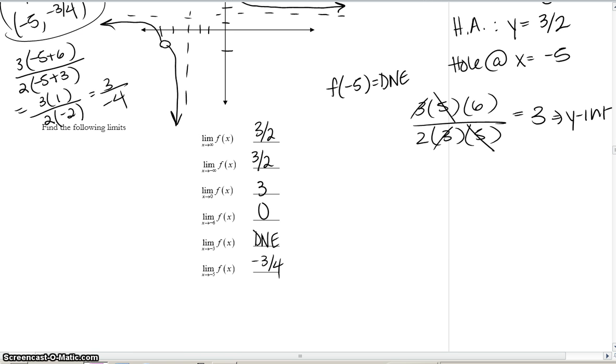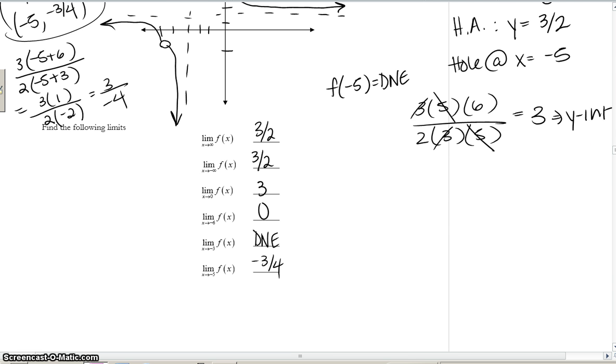Okay, so this is what you should have gotten as your limits. Check over your answers, and don't forget that when you don't have a negative or a positive exponent, it's your job to look at the graph as it's approaching that value from the left and the right side.